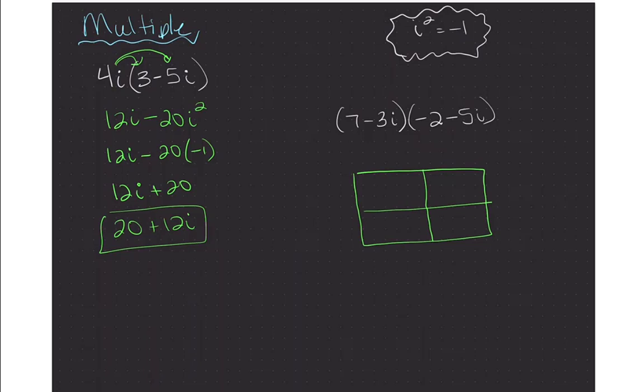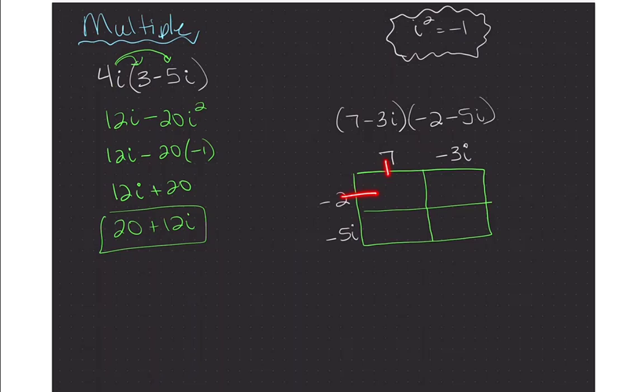I'm going to separate these. So I'm going to have 7, so my real, and then my imaginary. And then on the left, I'm going to have my real, and then my imaginary, right? And then I'm just going to go through and do my Punnett square, or my area multiplication, right?